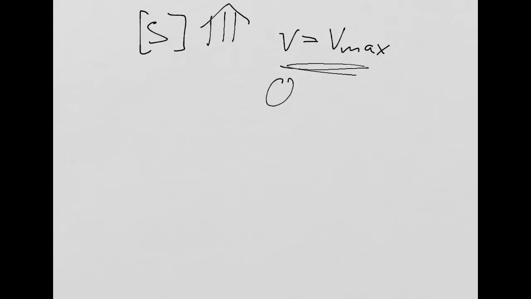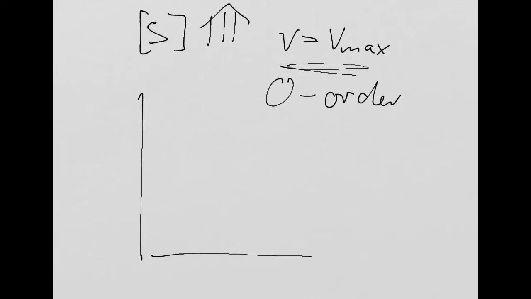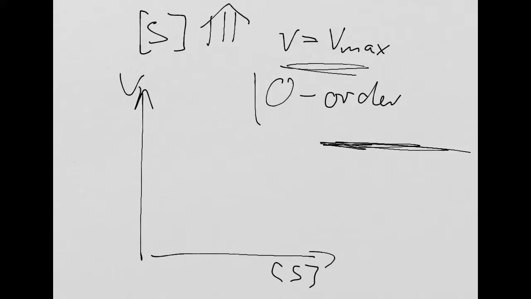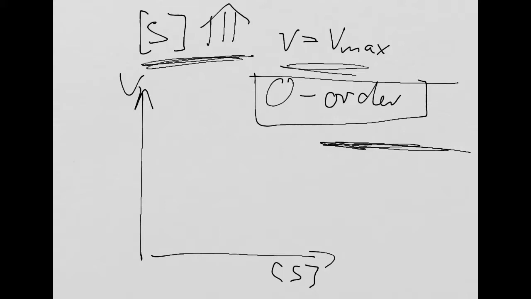So if we plot V versus S, zero-order reaction, very high S, we would get a horizontal line. That's a zero order here, if S is very, very high. So far, so good.